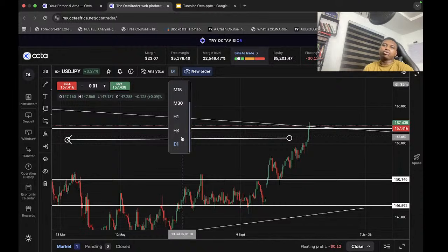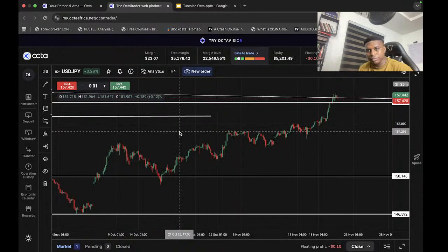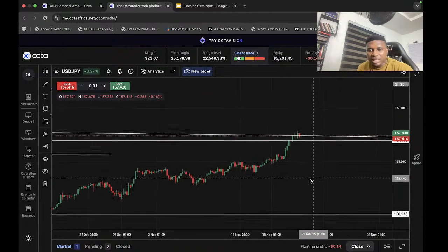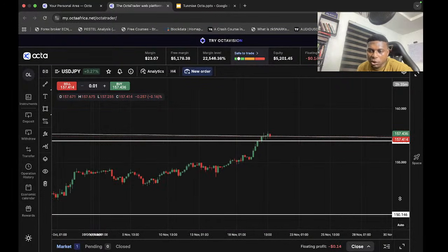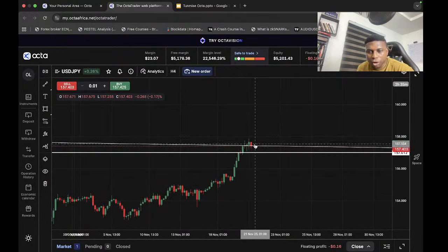So let's go down to the 4 hours time frame. Let's look closely. We can see that the consolidation at this top is gathering.